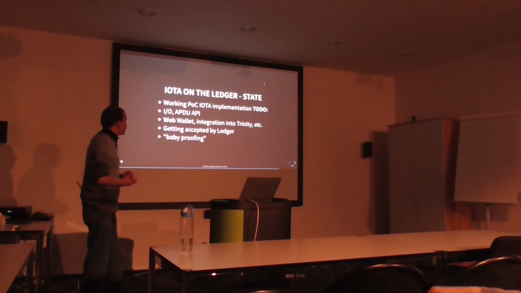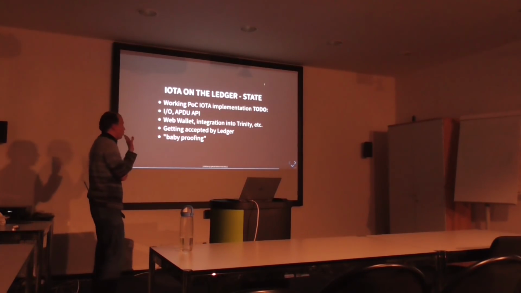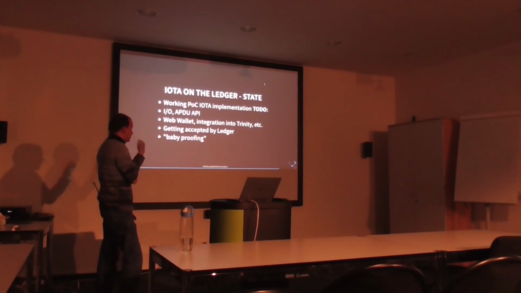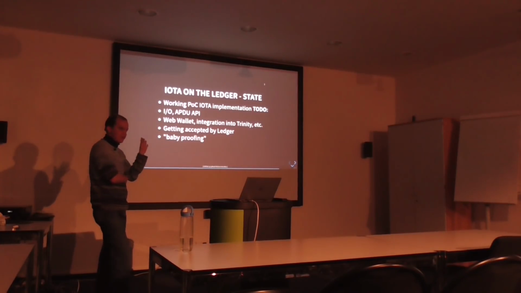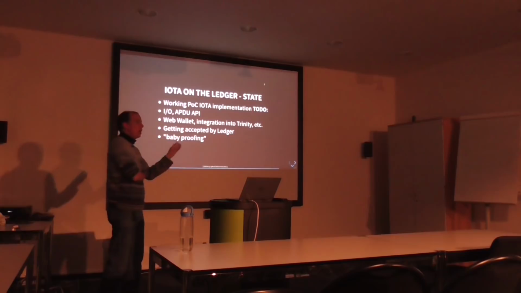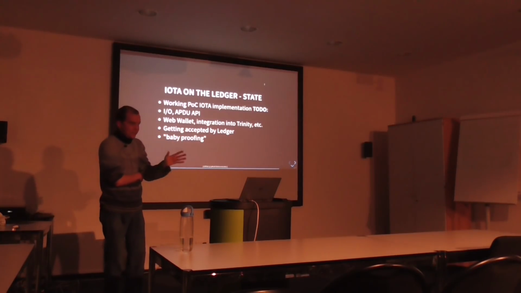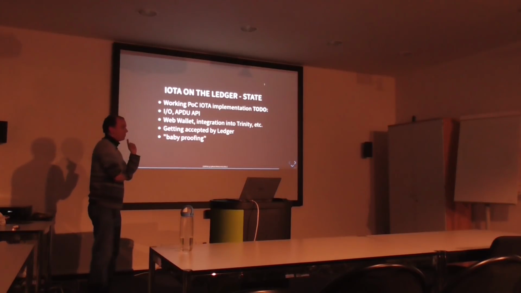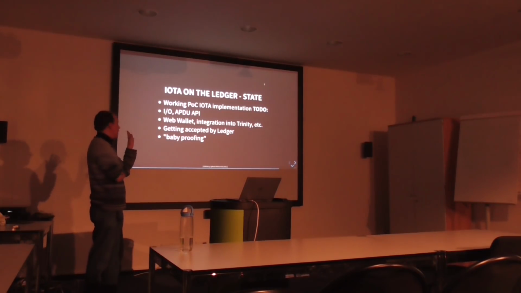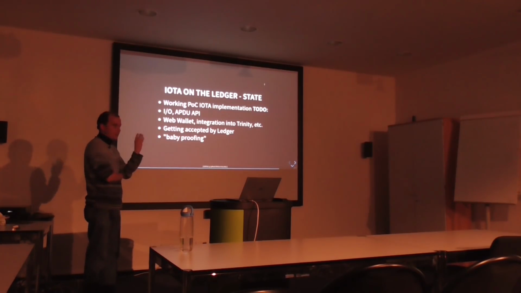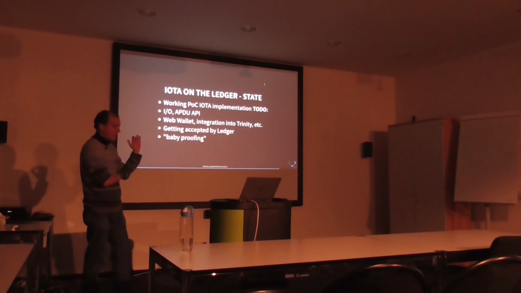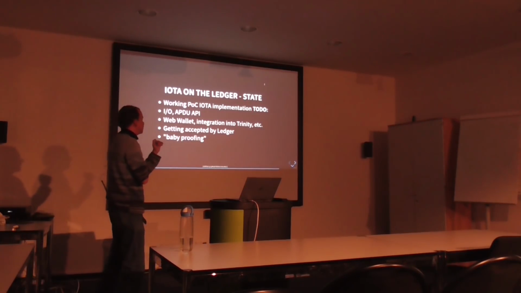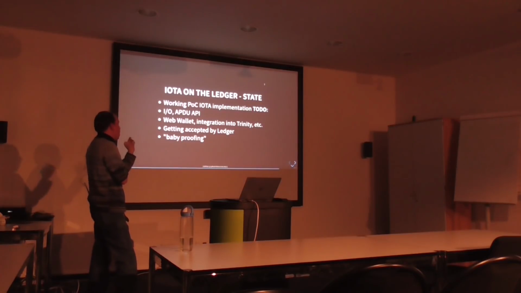So, what is our current state? We have a working proof of concept implementation for all those parts I showed you. We can generate hashes, we can generate addresses, we can sign transactions. But what's currently missing is the complete I/O and the interface for that, how the commands get into the Ledger and stuff like that.